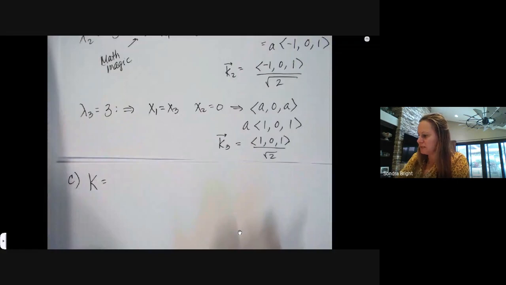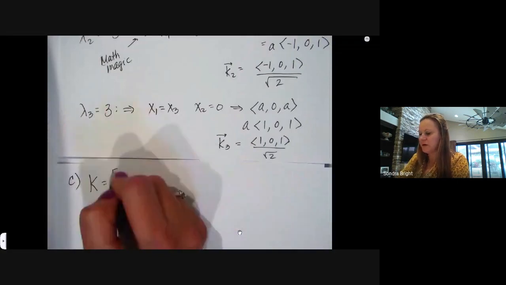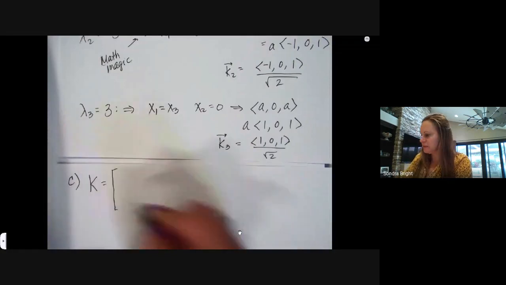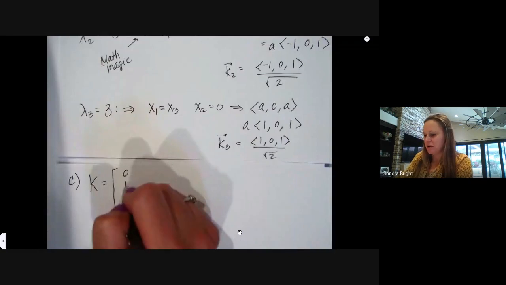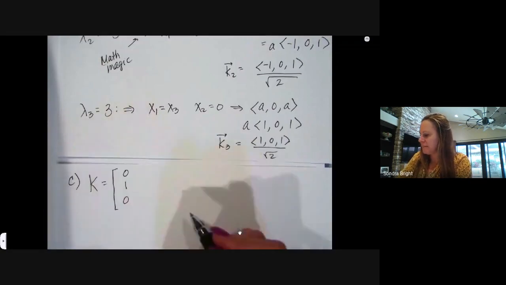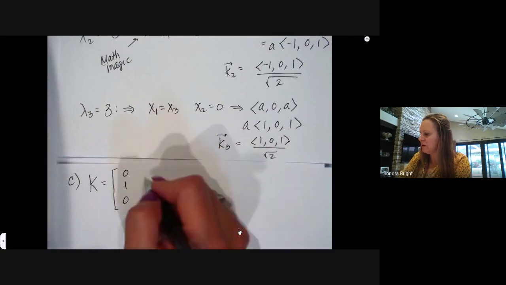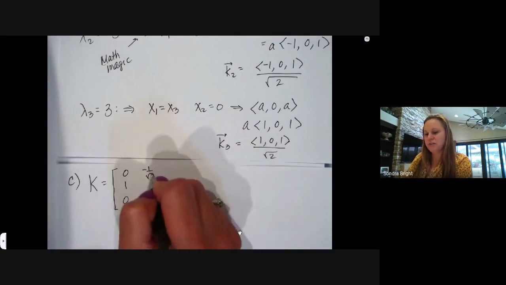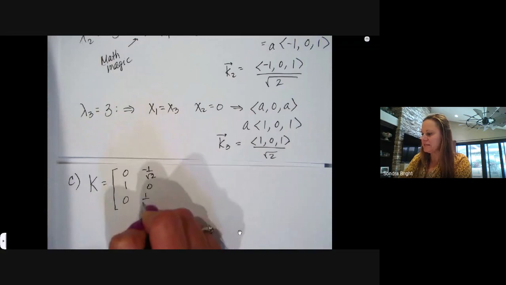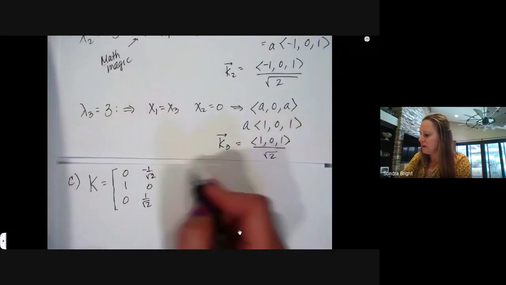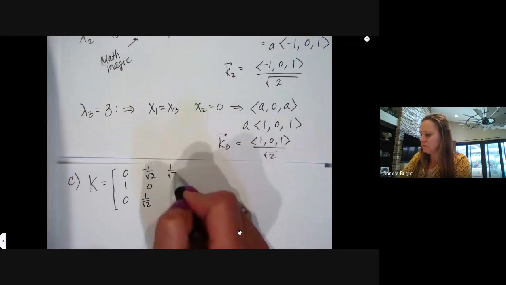The first one was a 0, 1, 0. Remember, you're making them your columns. The eigenvectors are becoming your columns now for this matrix K. Negative 1 over rad 2, a 0, and then a positive 1 over rad 2. And then the third one is this guy, so a 1 over rad 2, a 0, and a 1 over rad 2.